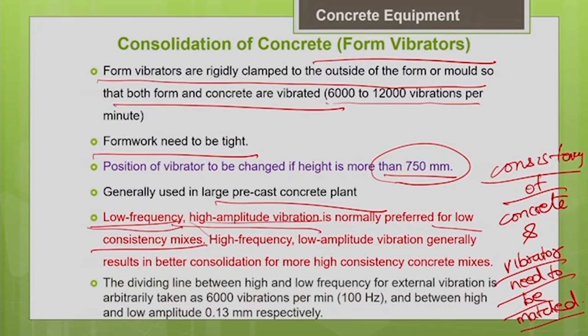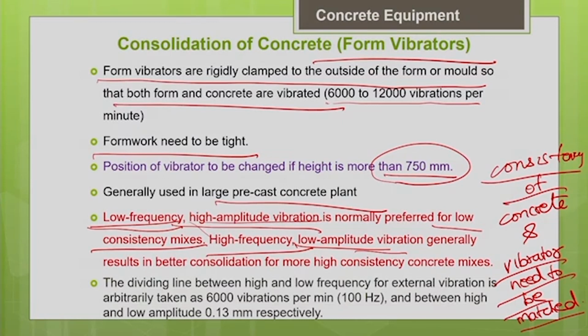On a similar note, for high consistency mixes we can go for low amplitude and high frequency vibration. These are the general guidelines to match the vibrator with the consistency of the concrete. For stiff mixes, go for higher amplitude and low frequency, and for high consistency mixes go for lower amplitude and high frequency.